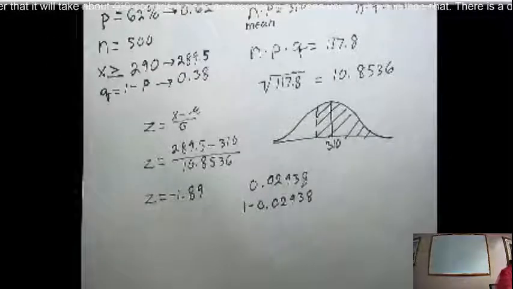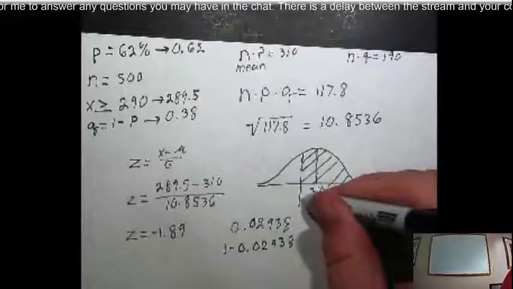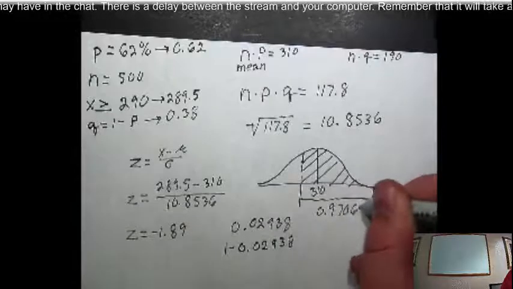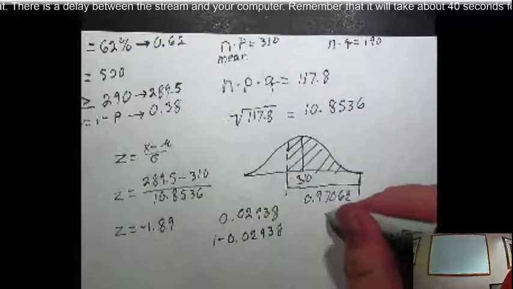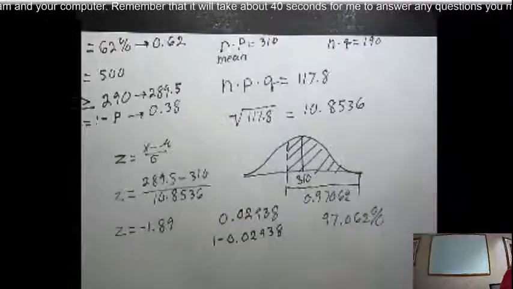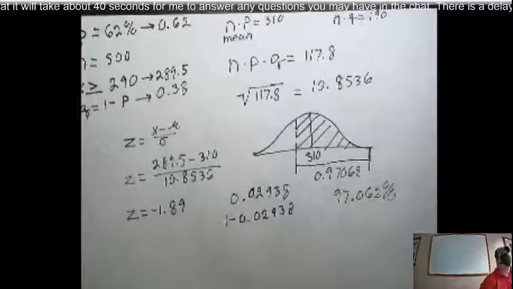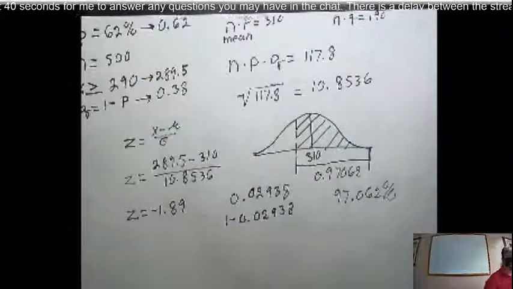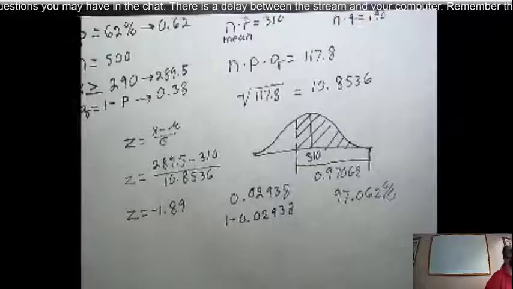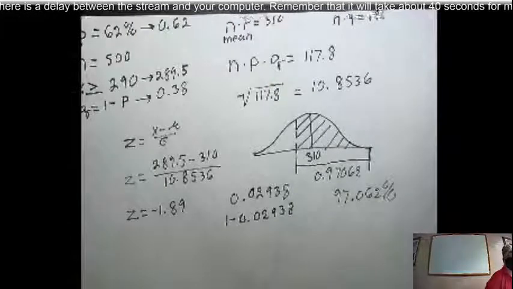And that means that this area right here is represented by 0.97062, which as a percent is 97.062%. Quite a large percent, which is what we were looking for. So we can say that the probability that at least 290 students out of the 500 selected are going to that school is a little bit over 97%.